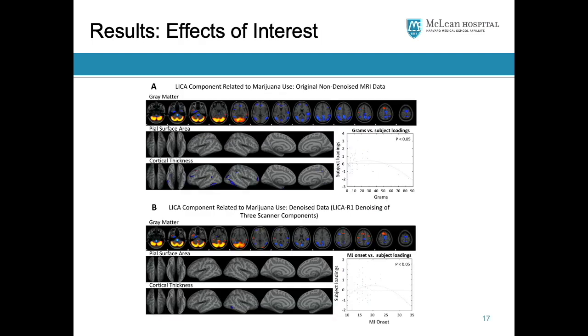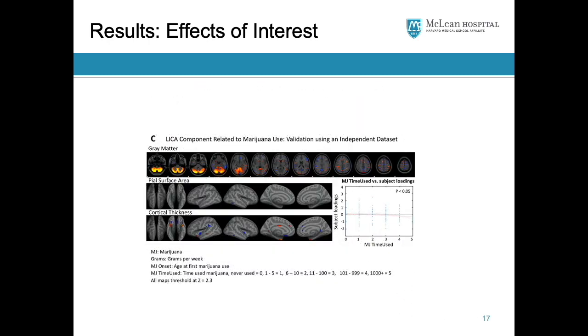We also showed in the paper that we can retain effects of interest. So, we were interested in heavy chronic cannabis use, and this just shows a cerebellar component that we saw prior to denoising that was associated with chronic cannabis use that was still there after denoising, and that was also replicated using the Human Connectome Project data set.